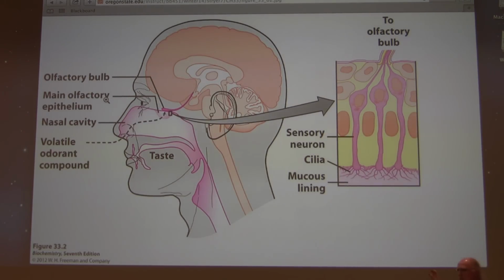When they bind to a specific chemical that they recognize, called an odorant, they initiate a nerve signal. That nerve signal travels to a specific region of the brain and says, hey, I got something here. And the brain then says, okay, this is what it smells like, or gives you that sense of what smell actually is.